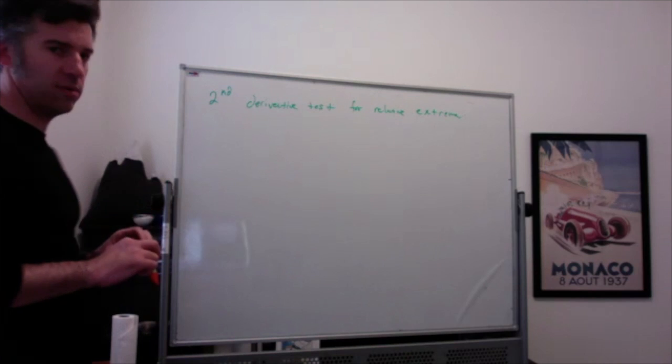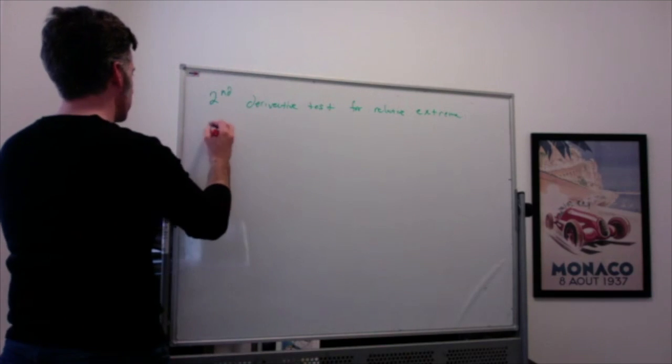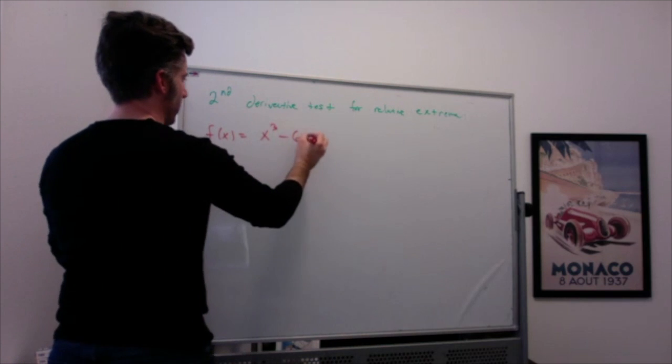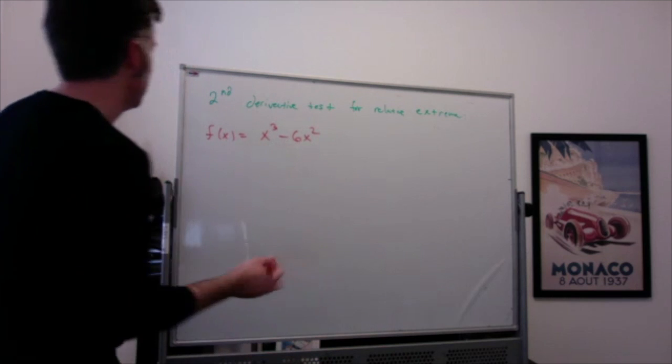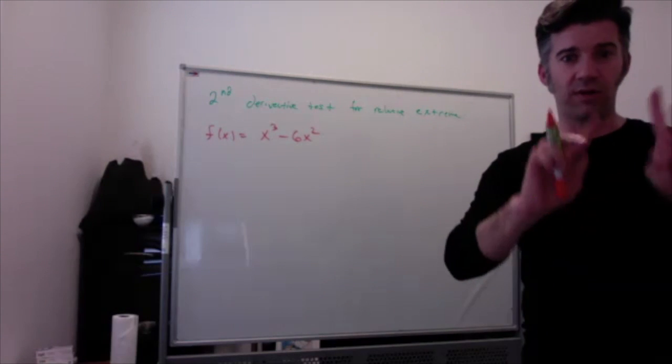So the first example, I'm going to go back to my favorite function because it's easy and it shows what I want, the function x to the 3rd minus 6x squared. It's not my favorite, but it's my favorite for graphing stuff because it's not too hard. So I'm going to talk about how to find the relative extrema for this in 2 different ways.